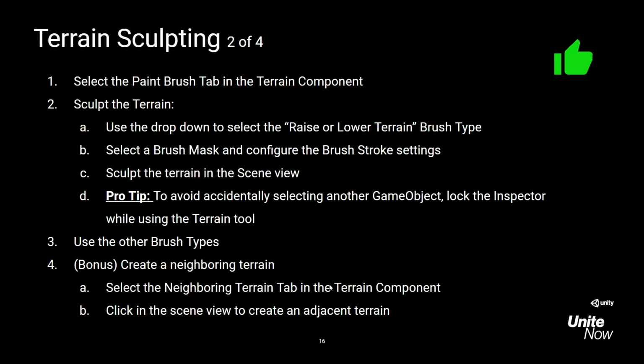A few questions regarding the set height tool that we showed there at the end. So if you have your terrain component, and then you go to the paintbrush tab, use that drop down, right? So you have the options to sculpt, raise and lower terrain. Then there's an option called set height.